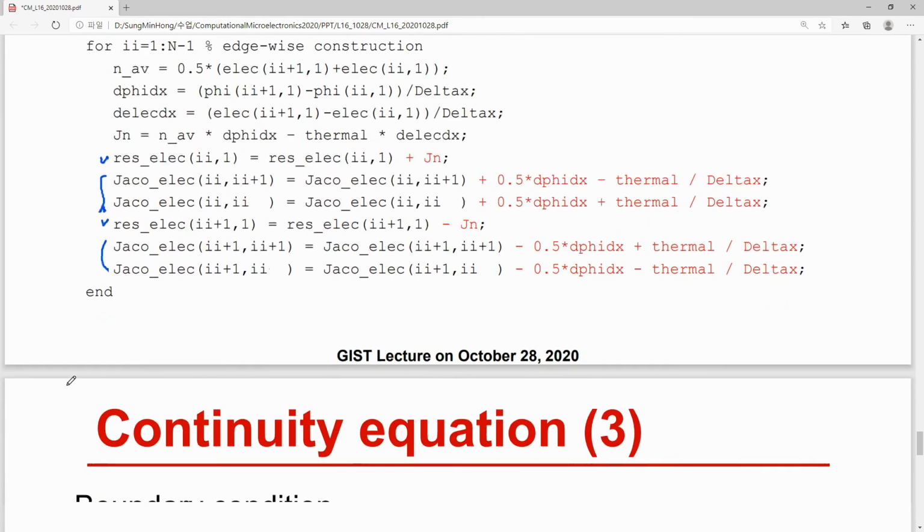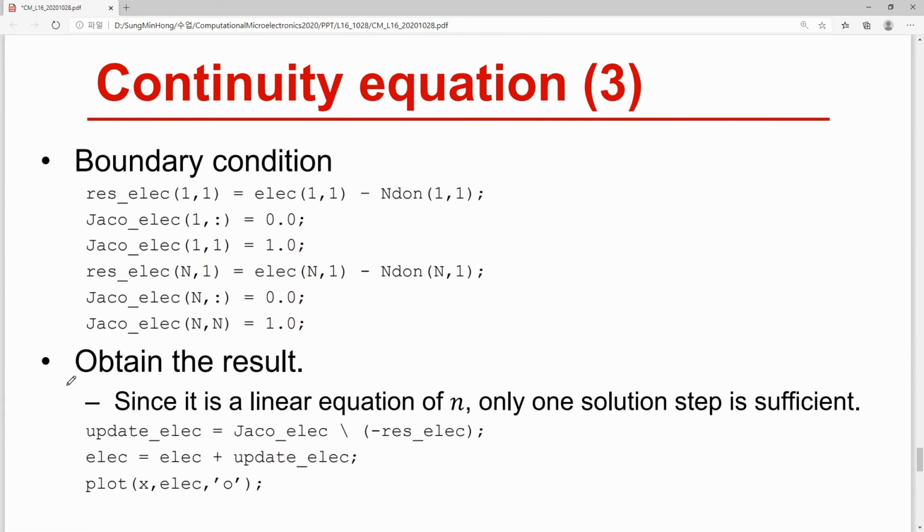After that, you can apply boundary conditions. For example, here you are saying that the electron density at the leftmost position should be the doping density, and the electron density at the rightmost position should also be the doping density.